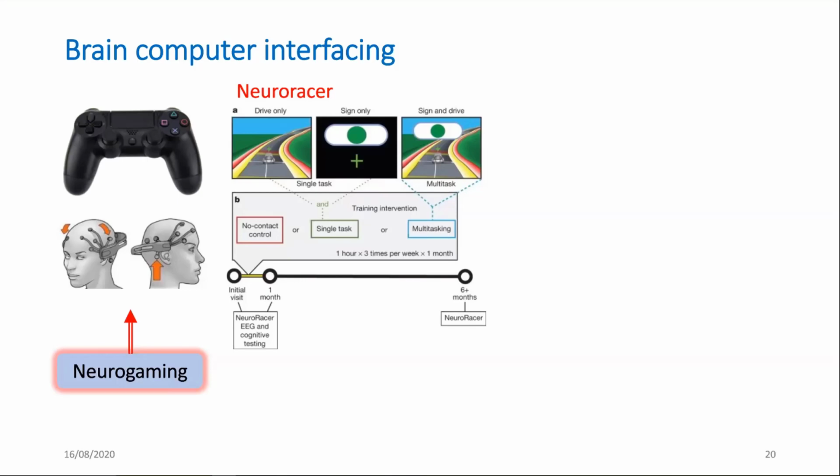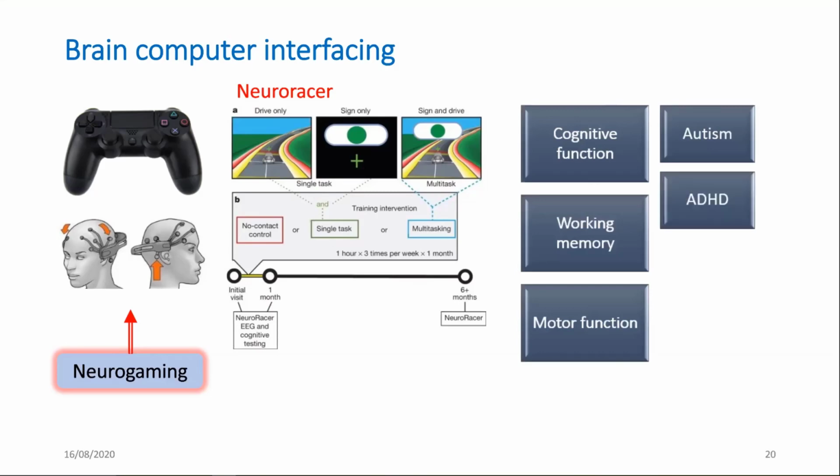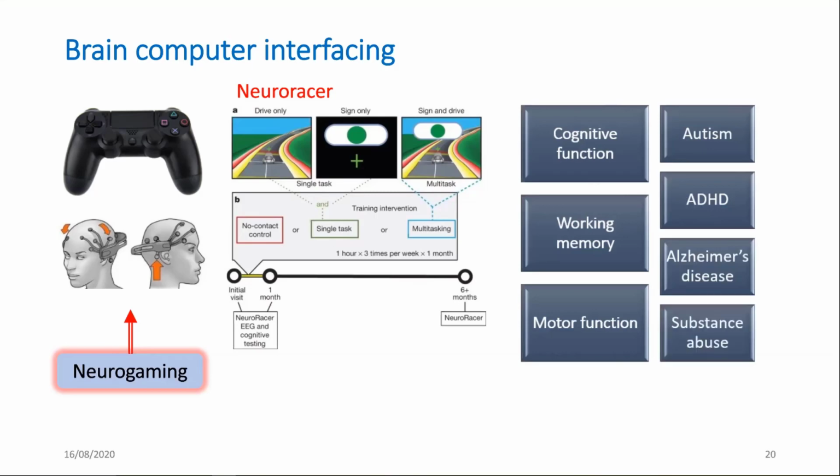Hopefully we will see it in a couple of decades. For the moment, the use is mostly on cognitive function, like improving cognitive function or working memory function or motor function in patients with autism, attention deficit hyperactivity disorder, Alzheimer's disease, or people with substance use.